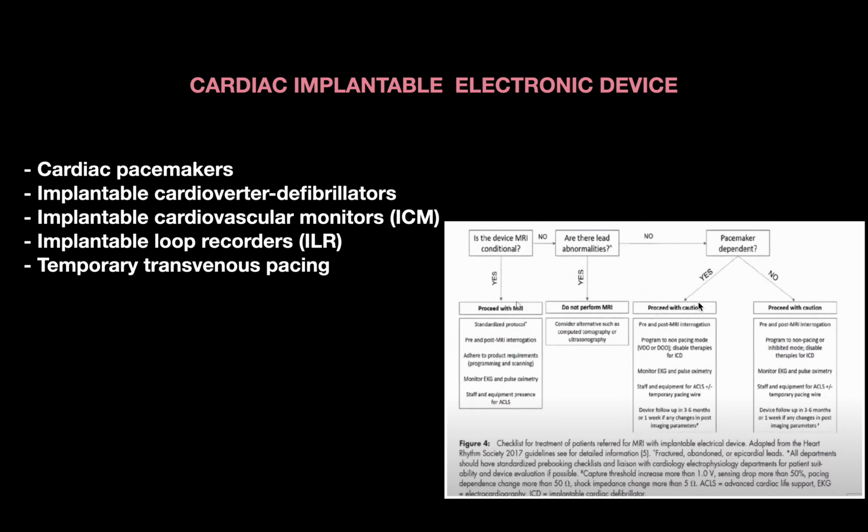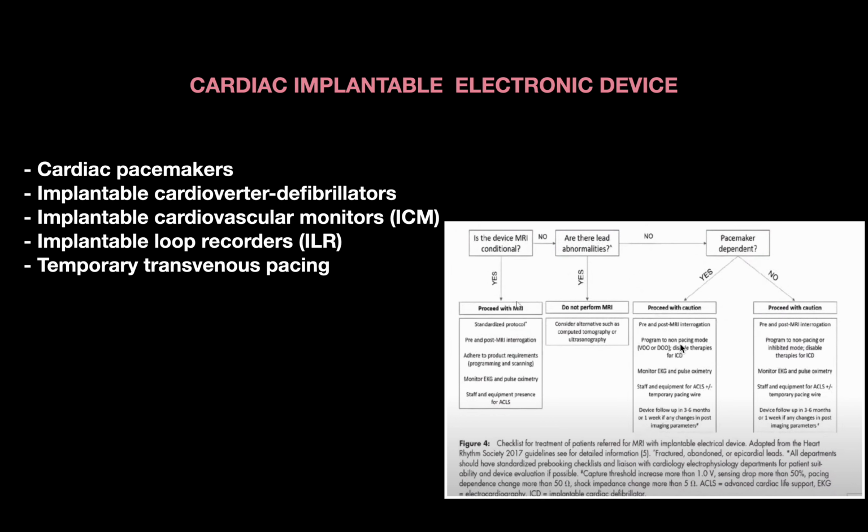If yes, then proceed with caution, and pre and post MRI interrogation should be done. Program to non-pacing mode, disable therapy for ICD, and monitor EKG and pulse oximetry. There should always be staff and equipment for advanced cardiac life support. A temporary pacing wire should be available, and the device should be followed after 3 to 6 months.